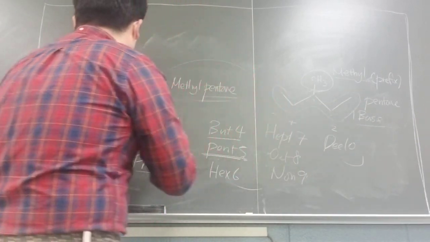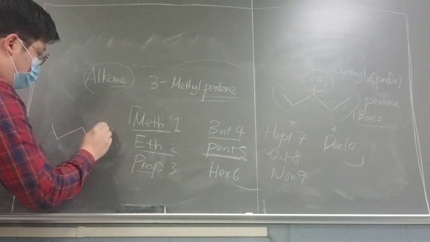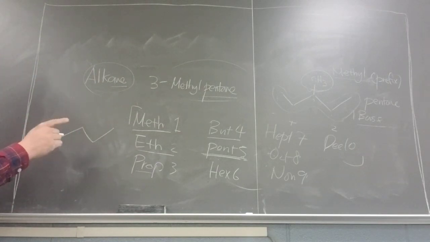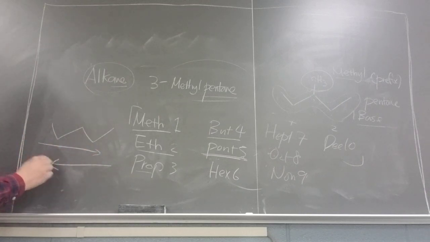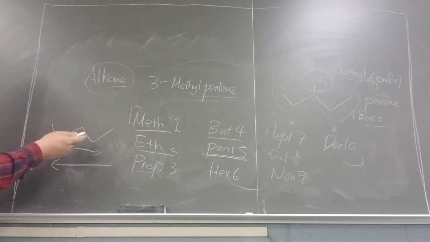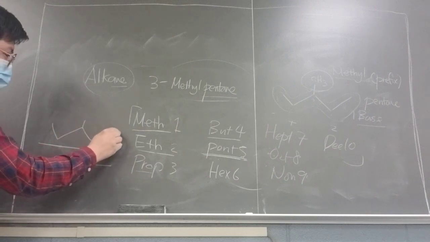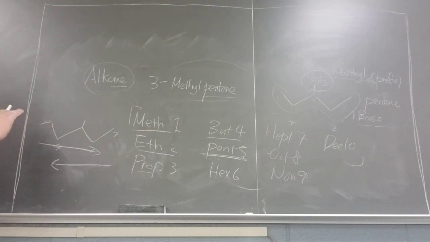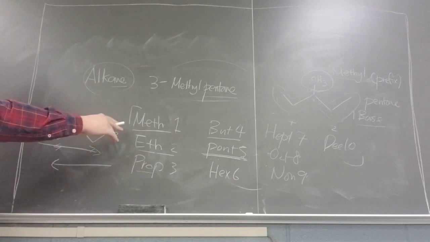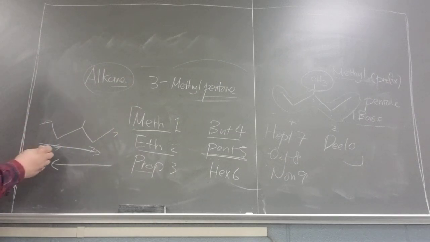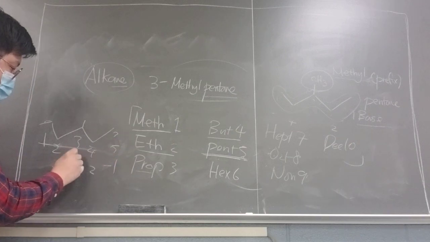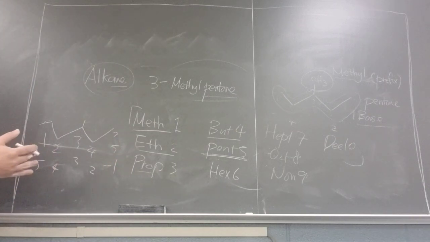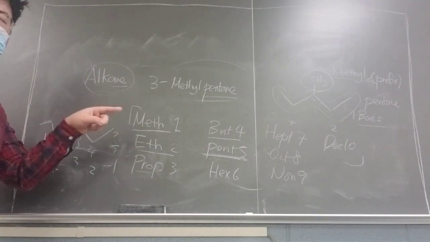If you have a chain, the only decision you need to make is 1 or 2: either you go from left to right or right to left. You cannot count just any way, this is not a good way to number, because you have to do it sequentially. So the only thing you can do is 1, 2, 3, 4, 5, or 1, 2, 3, 4, 5. This is the only way you can do it because it's literally a line.